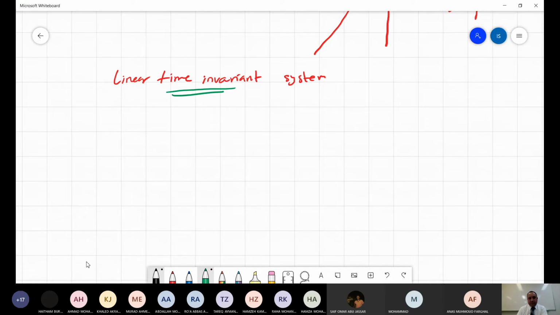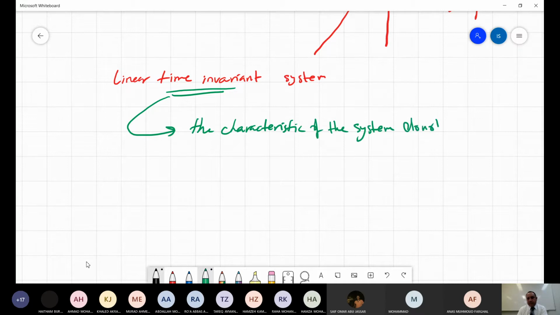So simply this means that the characteristic of the system does not depend on time.